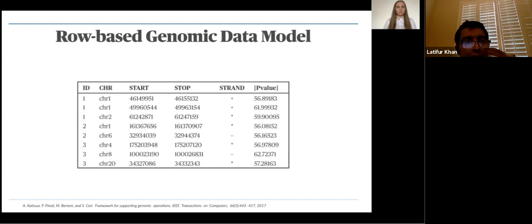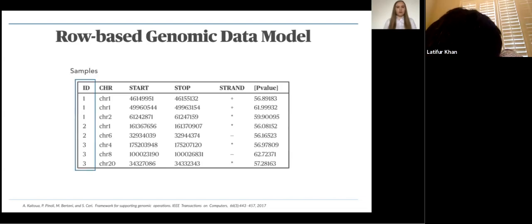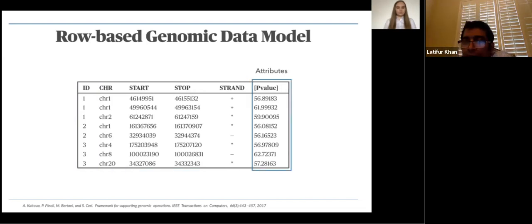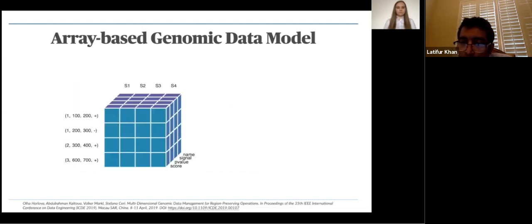This model is called Genomic Data Model, and it provides an abstraction for DNA regions. Regions of the model describe processed data, and it consists of multiple samples. They have a schema with 5 common attributes, and then the array of typed attributes. Here, the ID represents a patient sample.